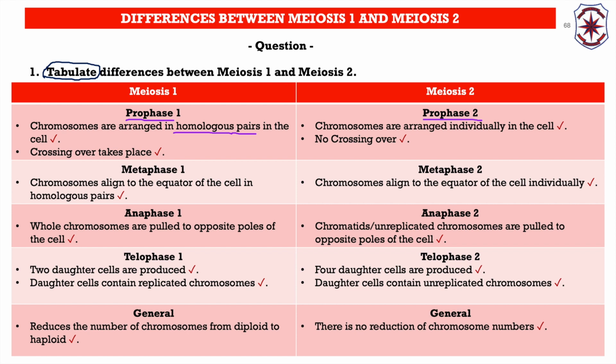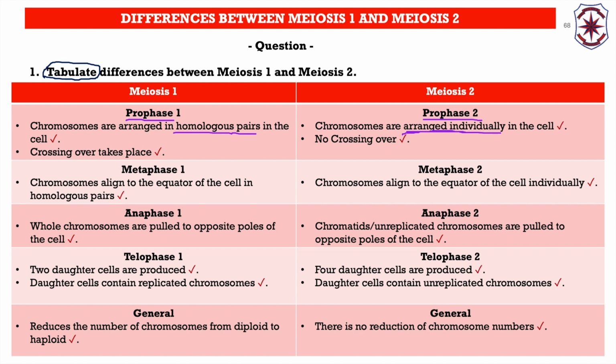But in prophase 2, the chromosomes are arranged individually in the cell. They do not form homologous pairs. 2nd mark. In prophase 1, there is crossing over that takes place. However, in prophase 2, there is no crossing over that takes place.